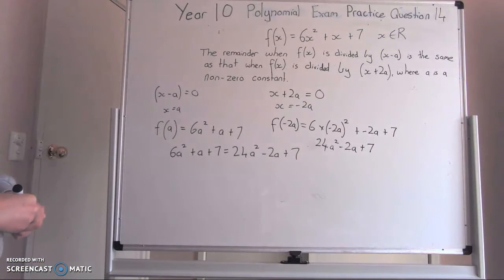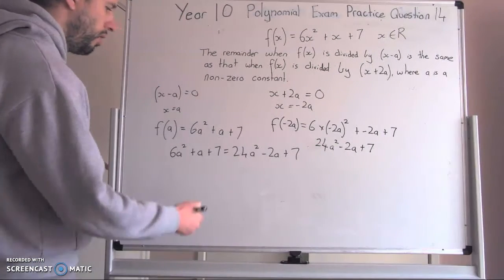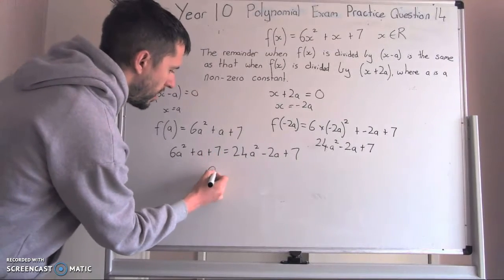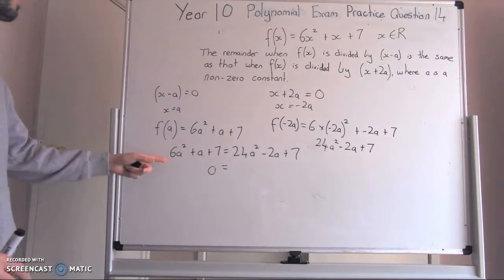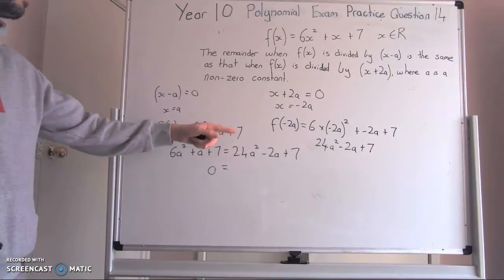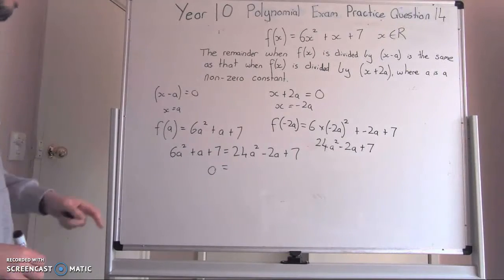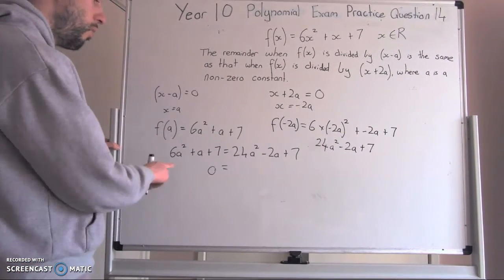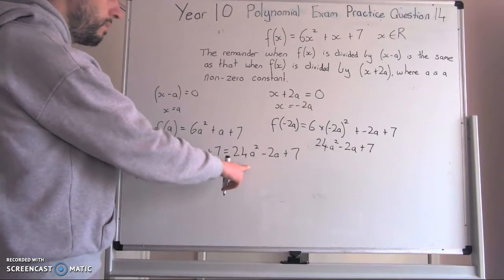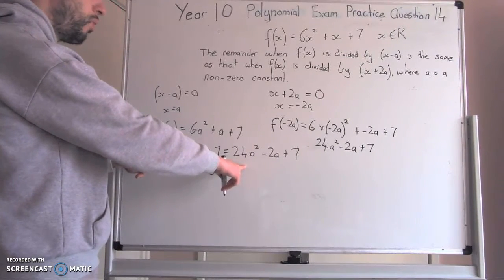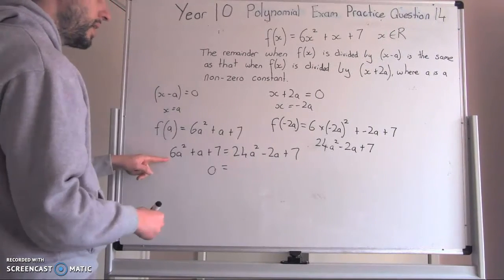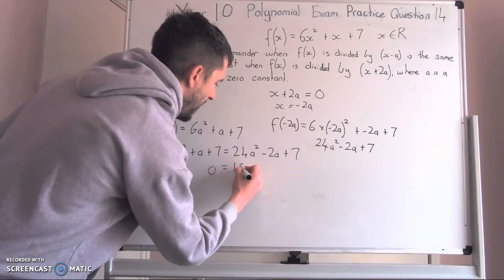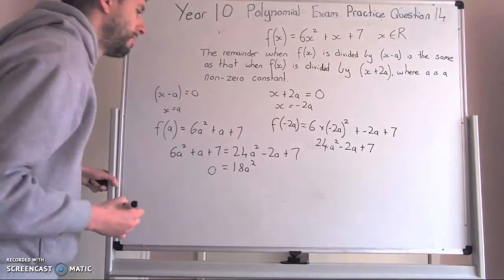So straight away, I want this side to be 0, so I'm going to take away 6a squared plus a plus 7 from both sides. If I take 6a squared away from this side, I take it away from this side, which means 24a squared, take away 6, gives me 18a squared.